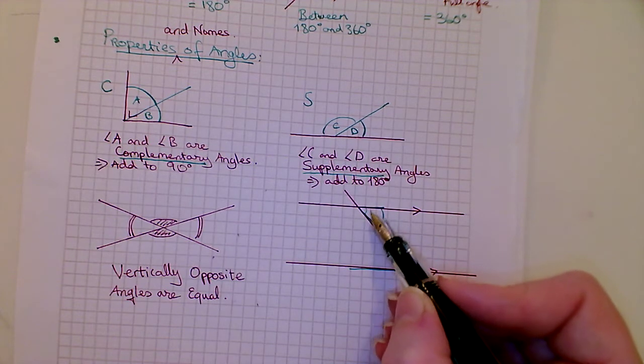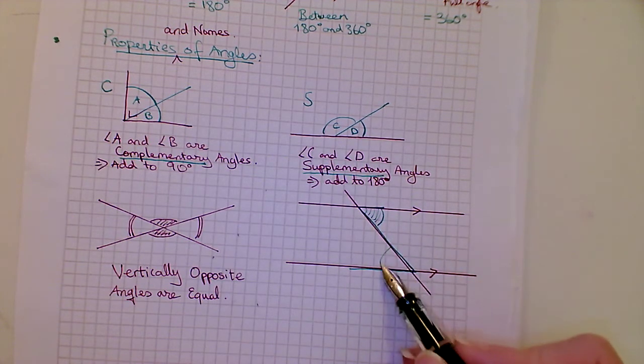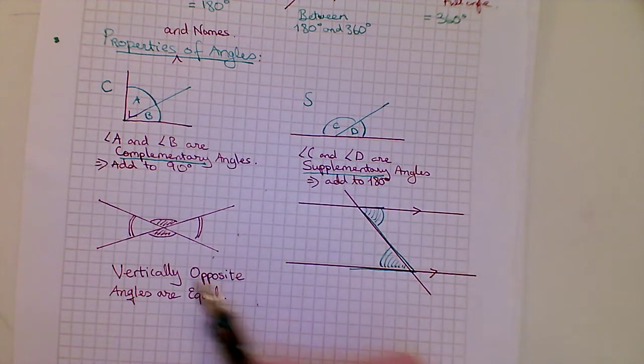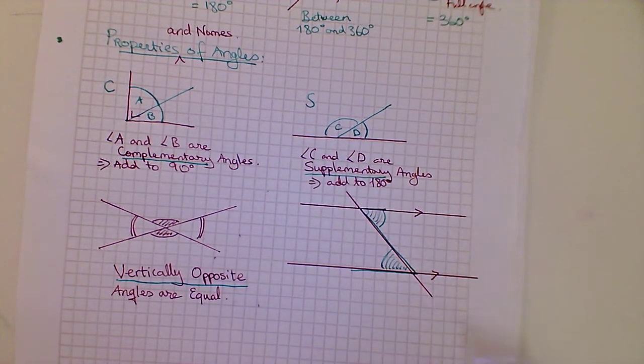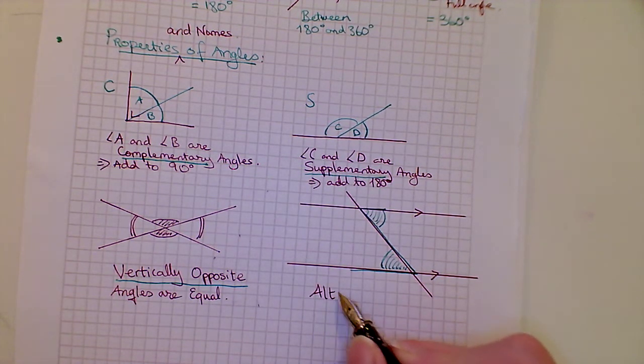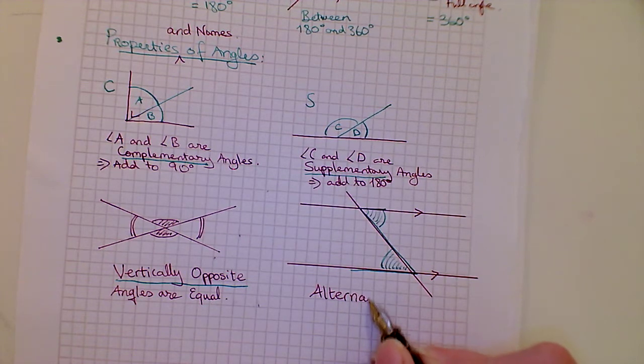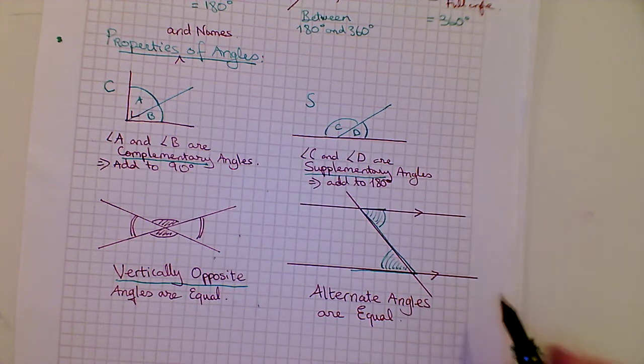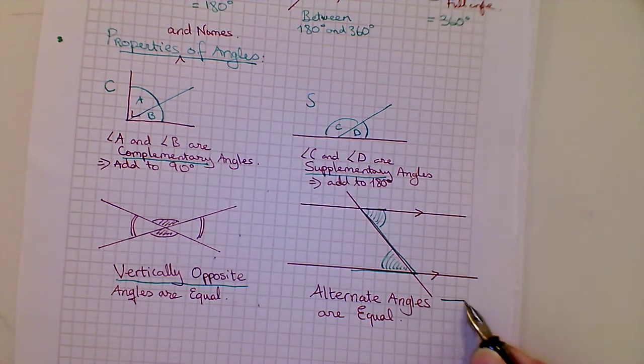And the angles in here have a special name. They're called alternate angles. And alternate angles are also equal. So we're looking for a Z shape.